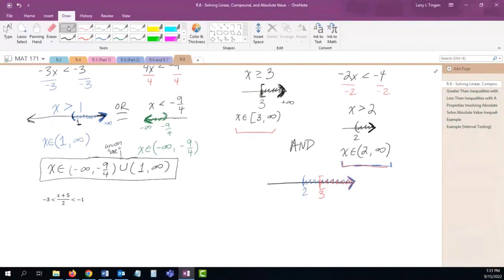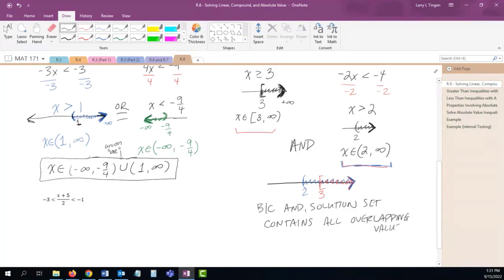Okay? Because this is an and, the solution set contains all the overlapping values.